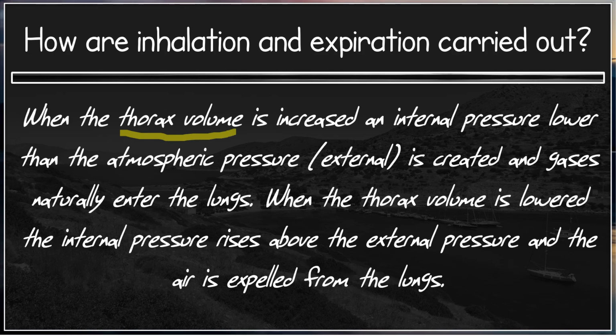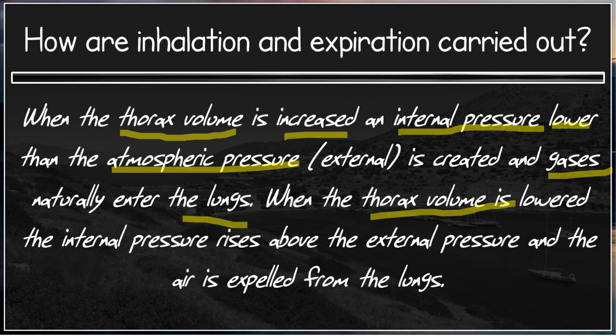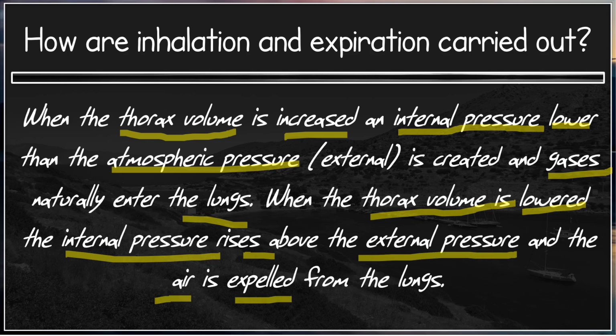When the thorax volume is increased, an internal pressure lower than the atmospheric pressure, which is the external, is created. Gases naturally enter the lungs. When the thorax volume is lowered, the internal pressure rises above the external pressure and the air is expelled from the lungs.